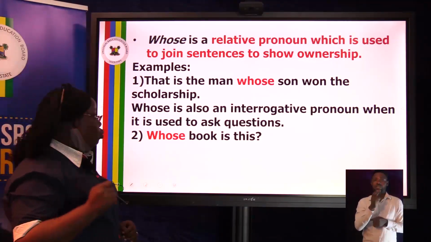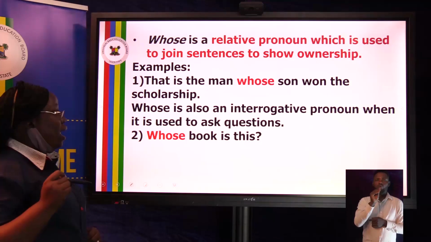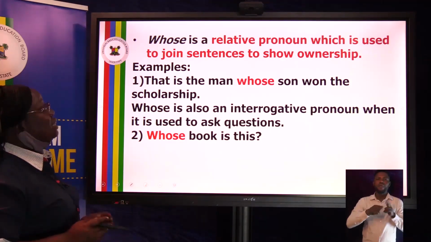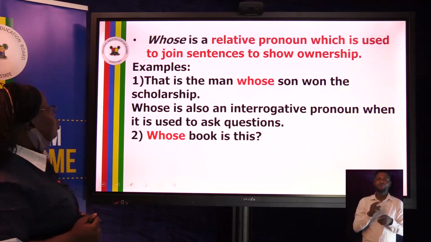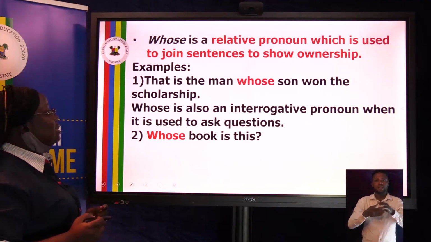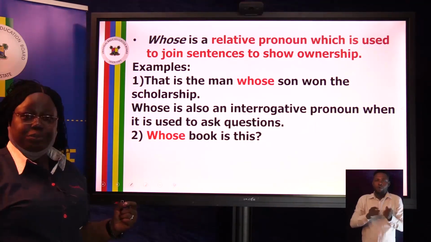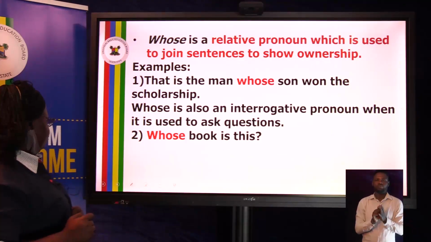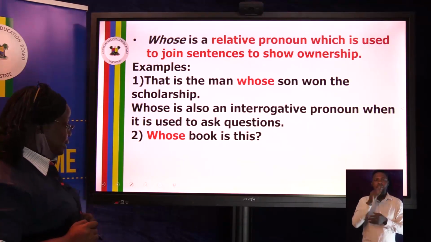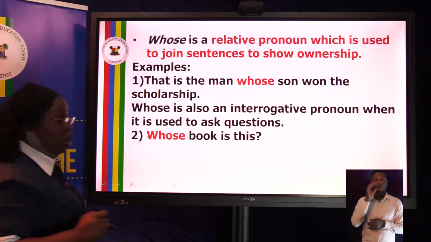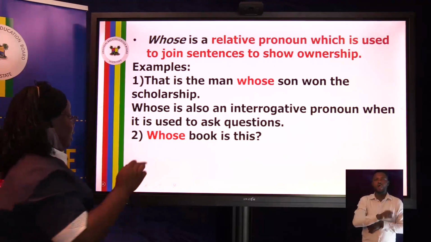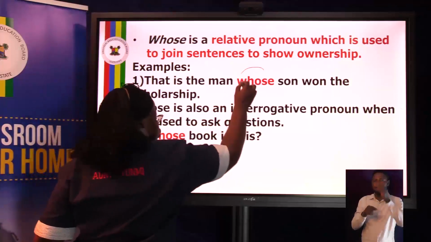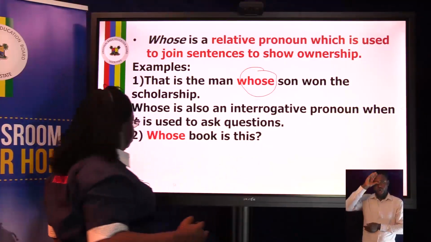Now to the second whose. W-H-O-S-E. It's a relative pronoun which is used to join sentences to show ownership or possession. For example, that is the man whose son won the scholarship.